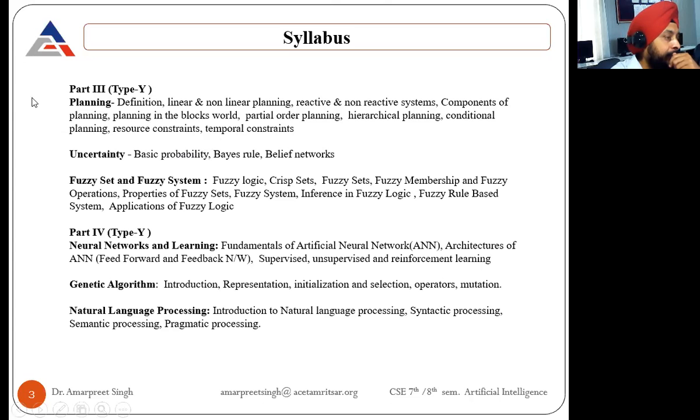The next chapter of unit 3 is uncertainty, because in AI uncertainty is a major factor. I will tell you why we are doing all this when we come to this chapter.